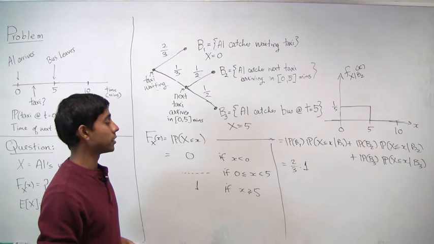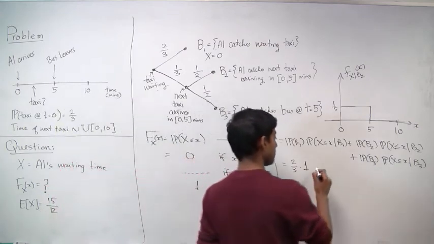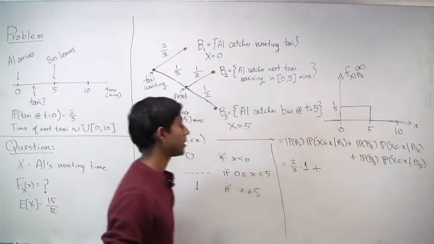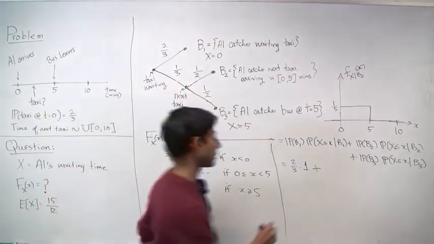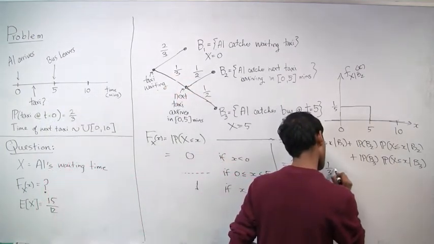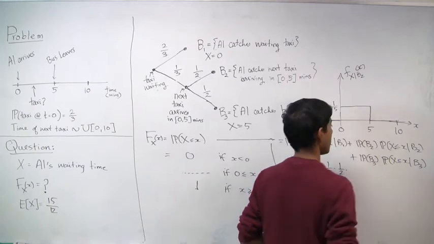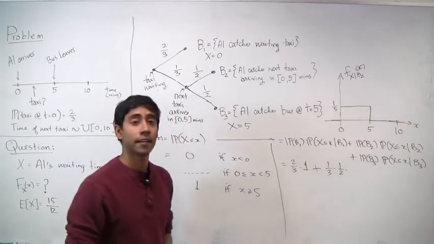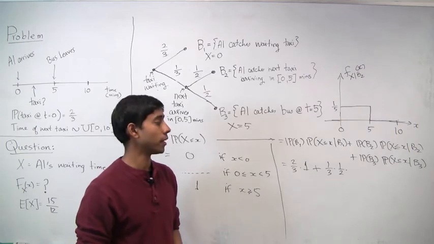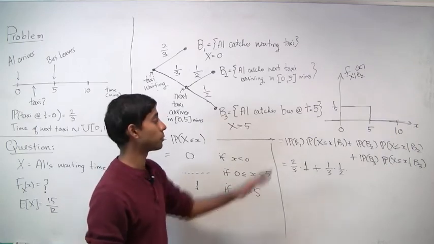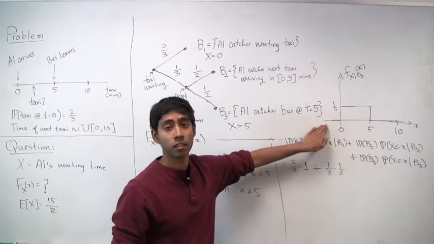What's the probability that B2 happens now? Probability that B2 happens is 1/3 times 1/2, as we did before. And the probability that the random variable x is less than or equal to little x when B2 happens. Well, when B2 happens, this is your density, right?